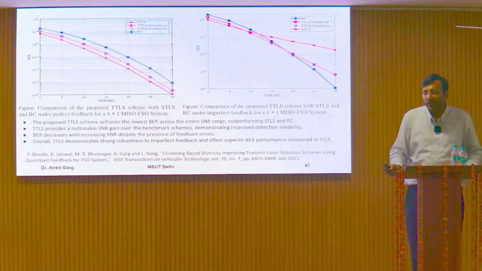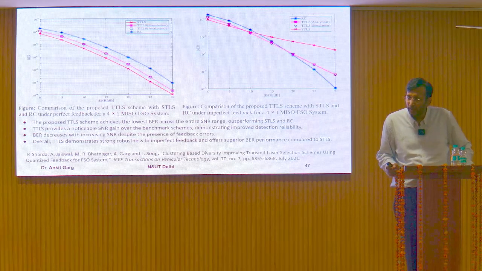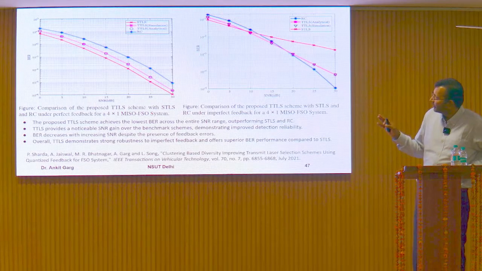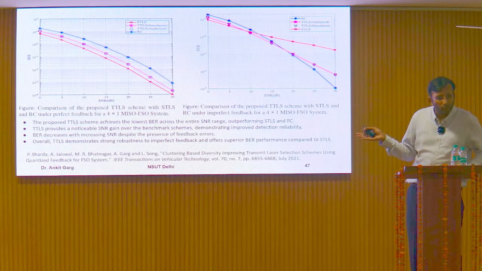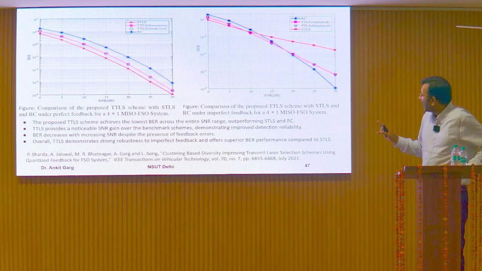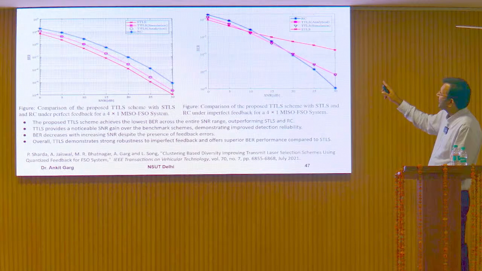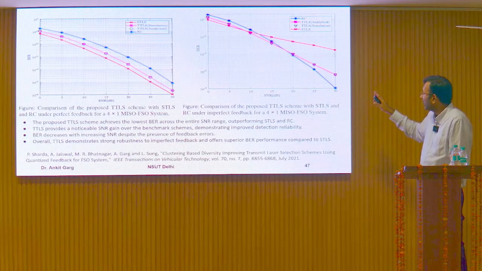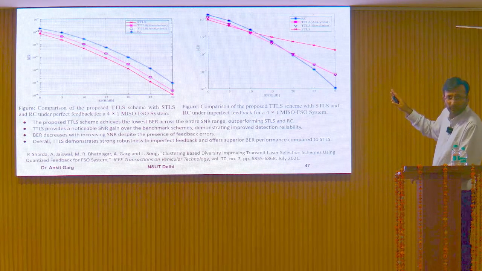Here we don't consider any eavesdropper. That's why we can see the straightforward thing that single transmit laser selection outperforms two transmit laser selection in case of perfect feedback, right? As soon as we have erroneous feedback, you can see how the performance deviates for the single transmit laser selection, right?